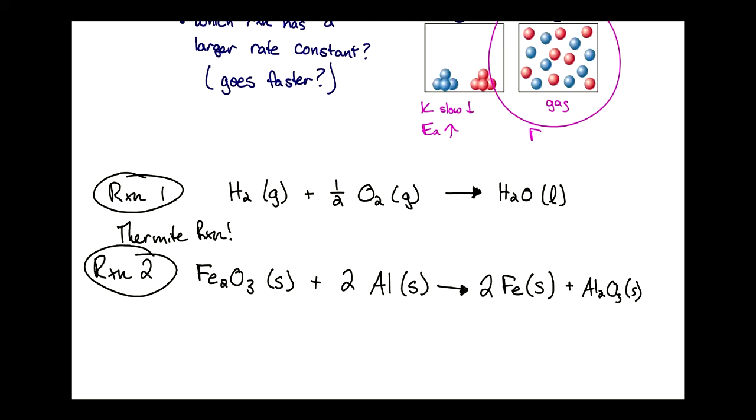In order for this reaction to start, I have to light a fuse, which is a strip of magnesium. So I'm going to light the strip of magnesium to get the reaction started, but it's not actually the reaction. Notice how I have to use a blowtorch, then light the fuse. But for the gas one, I just used a little candle to get it started. And that has to do with the activation energy.